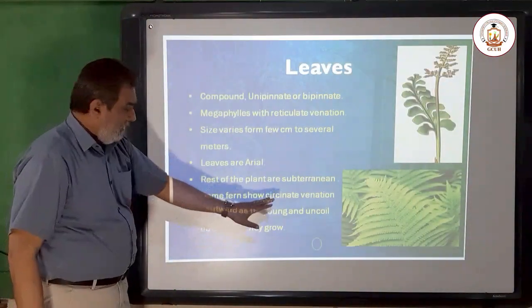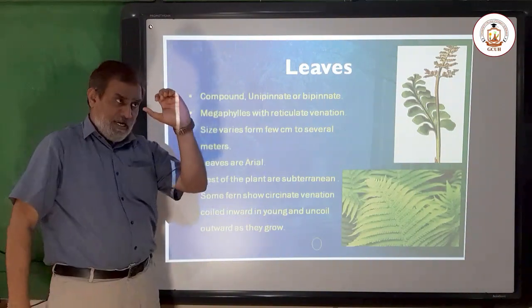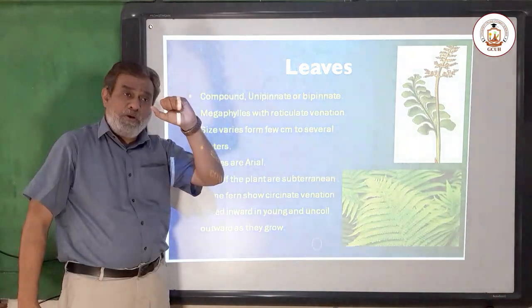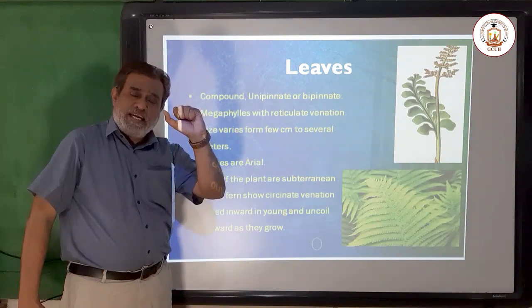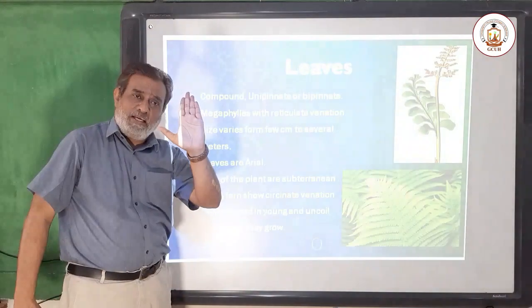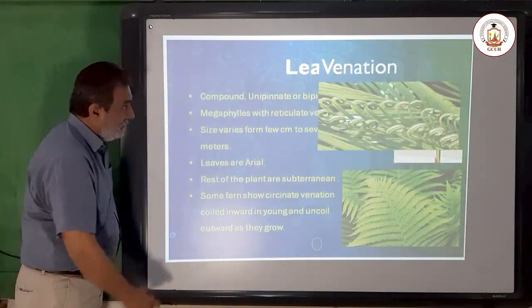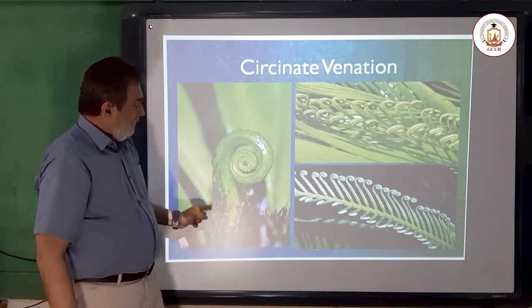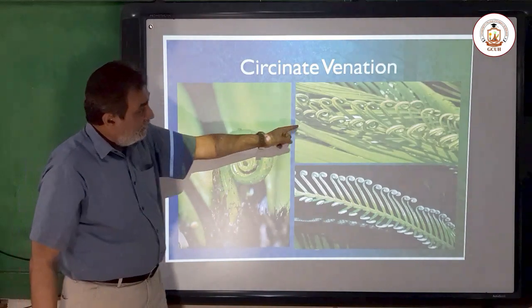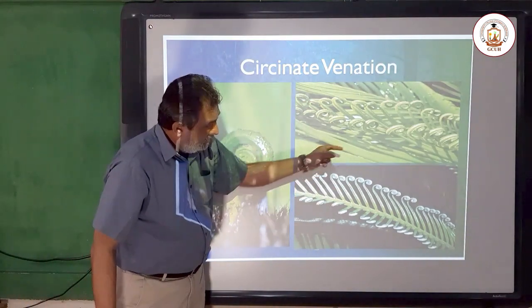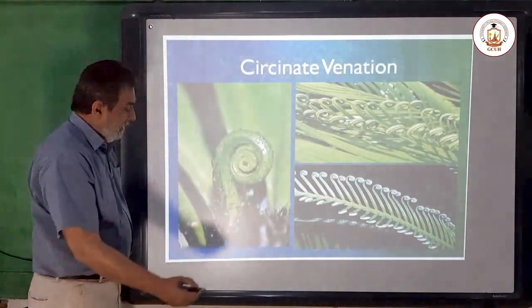Some forms show circinate venation, coiled inward in the young stage, and whenever it opens, it goes outward. So it is inward in the young and outward in the older one. This is the structure written here. This is circinate venation, of the leaflets as well as the leaf.